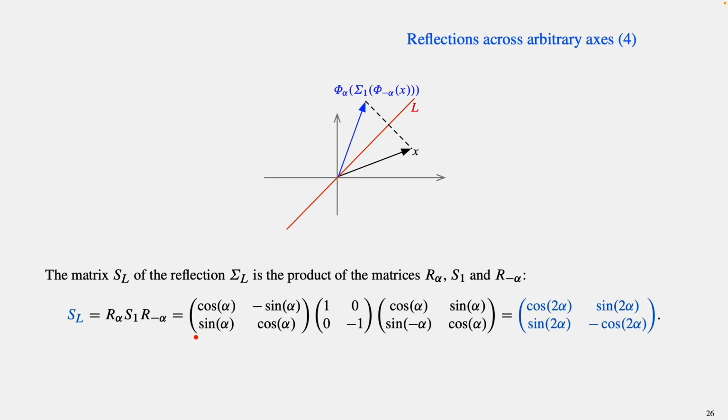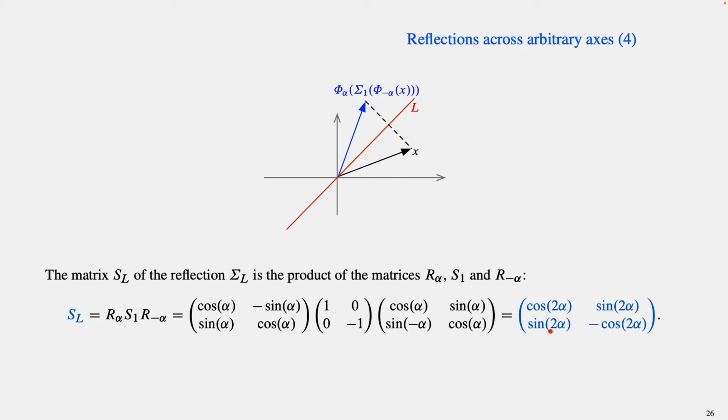Explicitly, I write them out here, and you can multiply it out in any order that you like, and you will end up with this expression here. So this is actually a reflection matrix for the axis that has angle alpha with the first coordinate axis here.